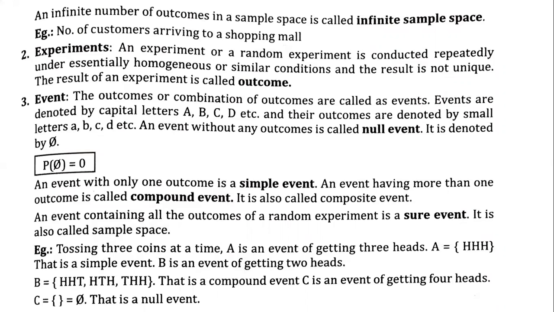So the tossing of a coin together was an experiment. The 3 of them stood there in one place and they kept on tossing the coin. So it's a random experiment which is conducted repeatedly under essentially homogeneous or similar conditions, and the result is not unique. The result of the experiment is called an outcome.